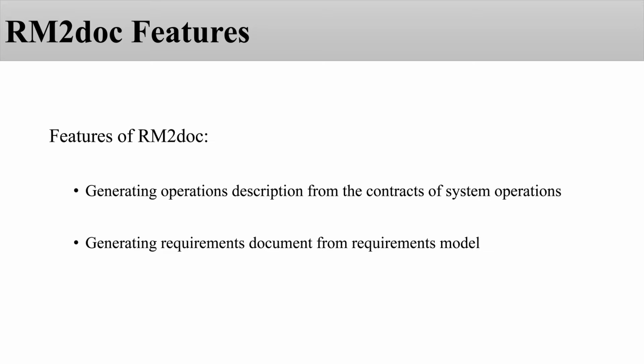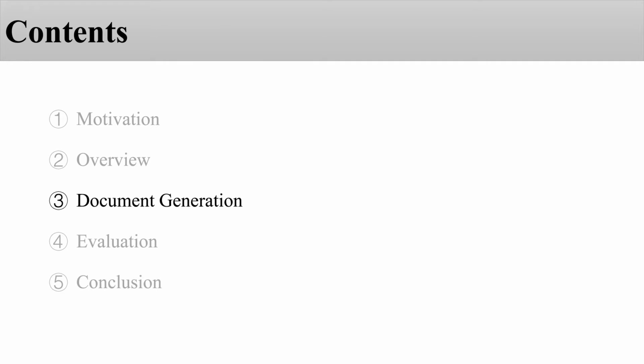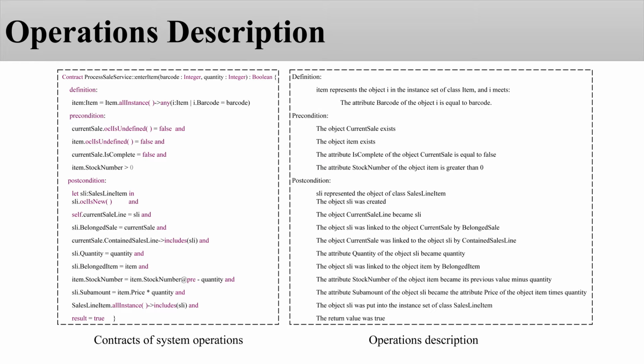RM2Doc has two main features. The first is generating operation descriptions from the contracts of system operations, and the second is generating requirements documents from requirements models. In this section, I use RequirementsDocuments as an example to show the generation of RM2Doc. First is the generation of the operation description.